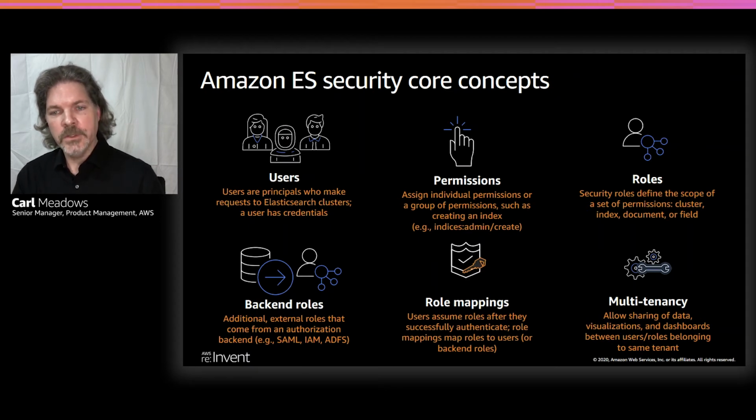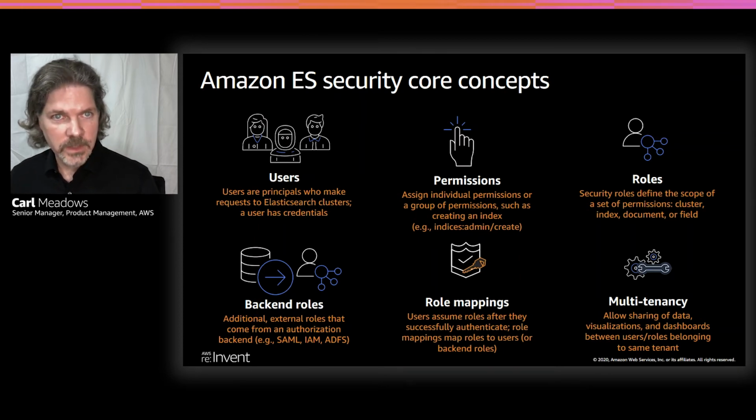So I map those users and backend roles to roles, and then with the joining of those two things, we get what access that customer has and what their user experience is when they interact with the Elasticsearch environment. And I mentioned multi-tenancy is a very powerful part of that, because multi-tenancy is then how you group these permissions together and have basically spaces where the different teams can operate, where they don't see each other's dashboards, they don't see each other's visualizations, or even their indexes if they're not given permission to.